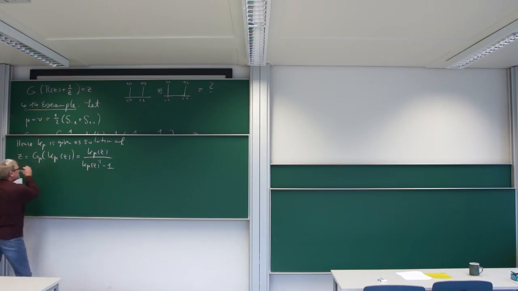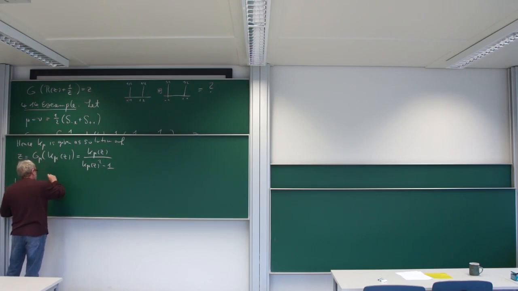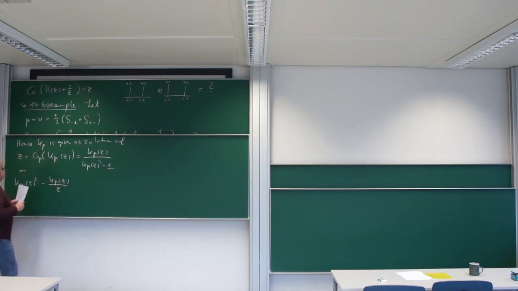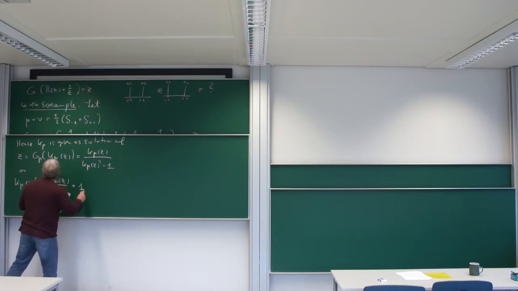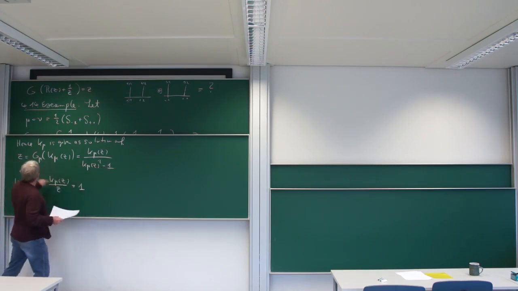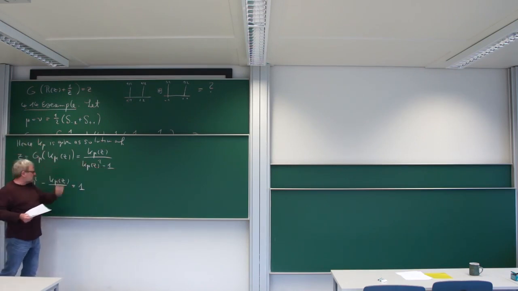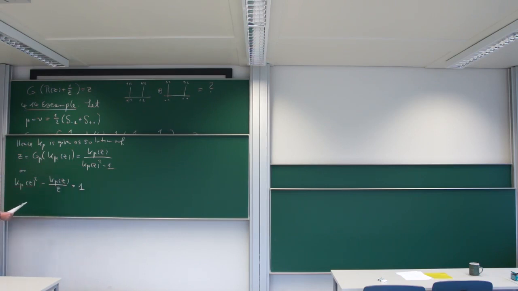I multiply with this, I bring this on the other side, and then I also divide by z, so I have K_μ(z) squared minus K_μ(z) divided by z, and I'm left with this one here. I get this minus z here, bring it on the other side and divide by z. Okay, so this is my quadratic equation, and quadratic equations we can solve.